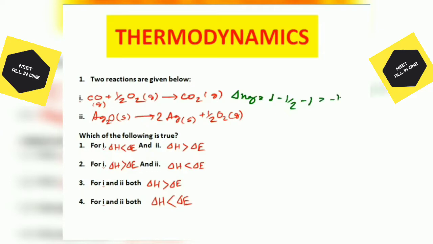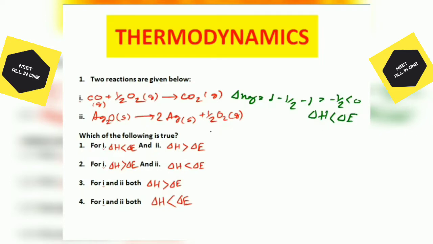That means its del ng is minus half, which is less than 0. So its del H will be less than del E, as we have seen in our thermodynamics video.